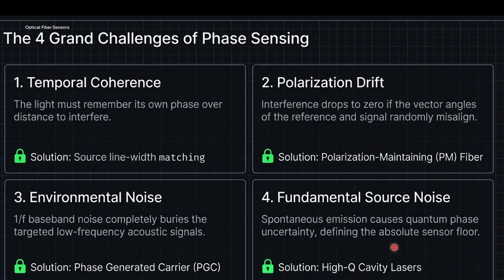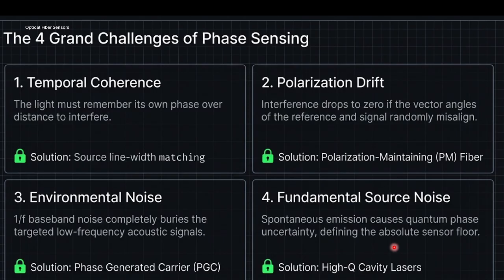Moving towards the challenges with phase sensing. First is temporal coherence. The light must remember its own phase over distance to interfere. The solution is source linewidth matching. The second one is polarization drift, where the interference drops to zero if the vector angles of the reference and signal randomly misalign. The solution is polarization maintaining fiber.